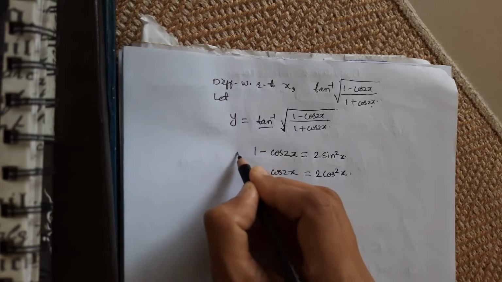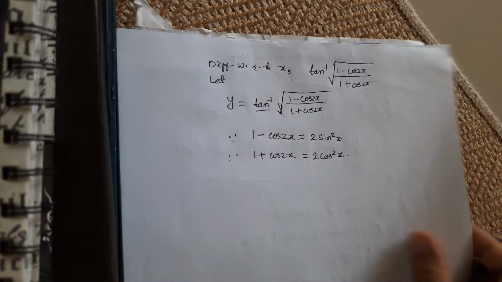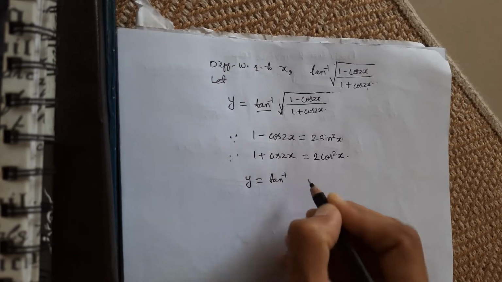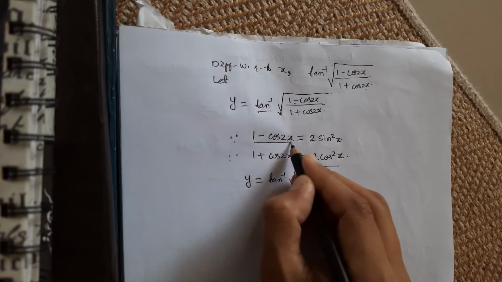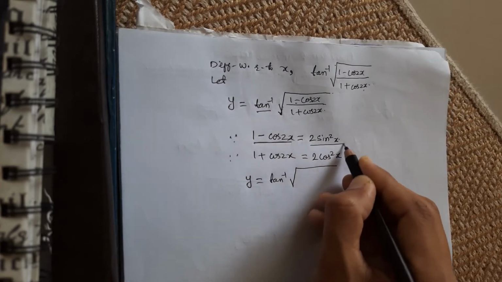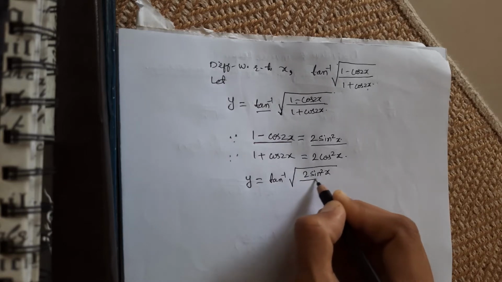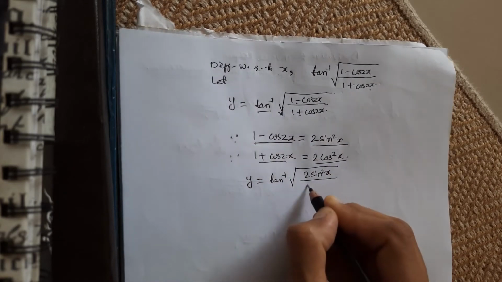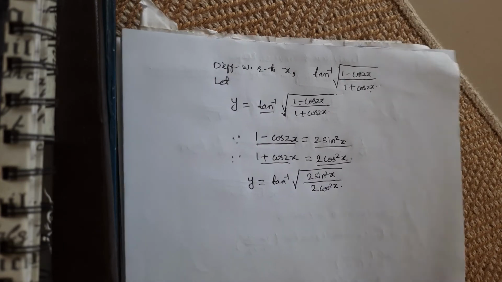So I'm using these formulas here. What will I get? I get y equal to tan inverse of root, where 1 minus cos 2x I am replacing with 2 sin square x, upon 1 plus cos 2x, which I am replacing with 2 cos square x. Simple.